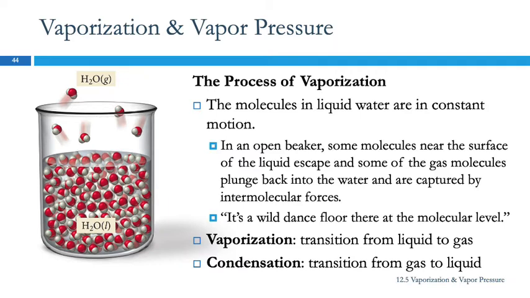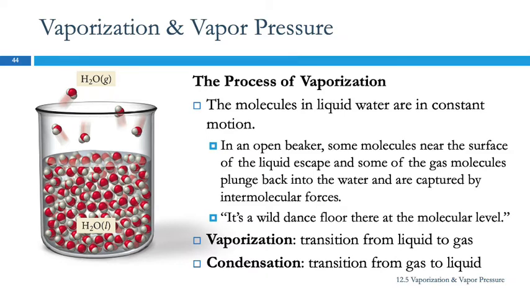And this is where the quote for the chapter becomes appropriate. It's a wild dance floor there at the molecular level. So this is kind of like a mosh pit. Do they still do that? Yeah. So, just a whole bunch of people all moving around really close. So a whole bunch of molecules, right? Really close.